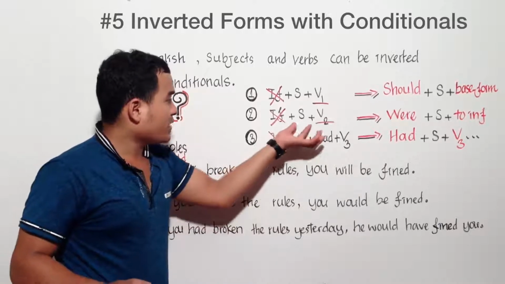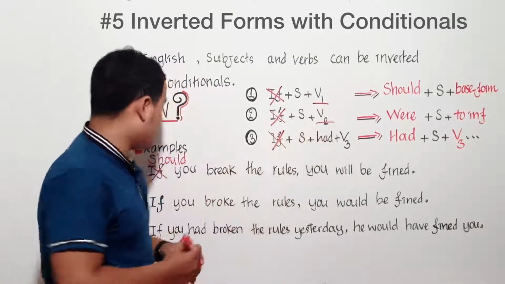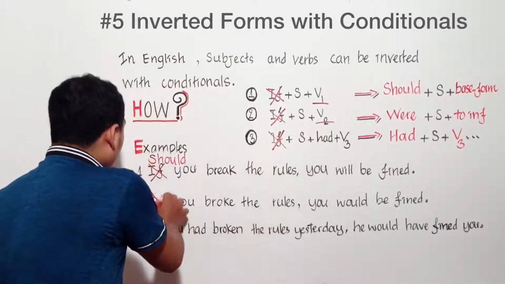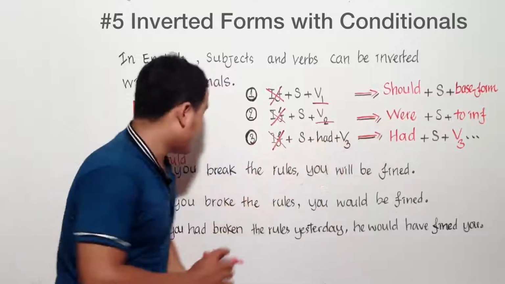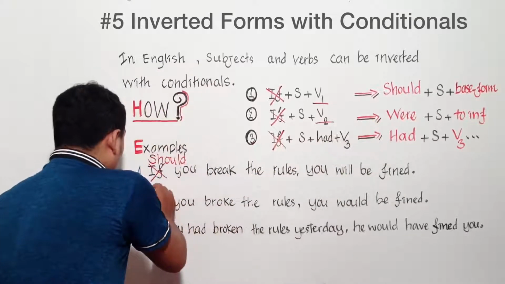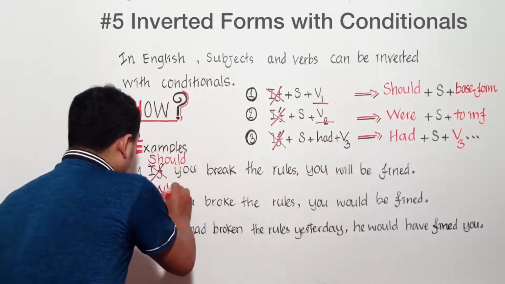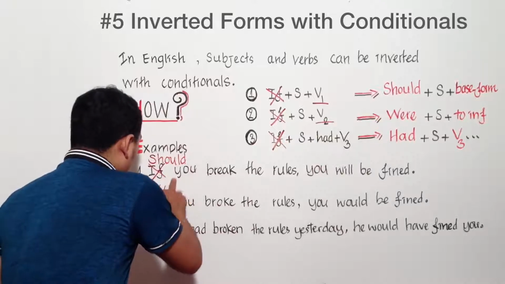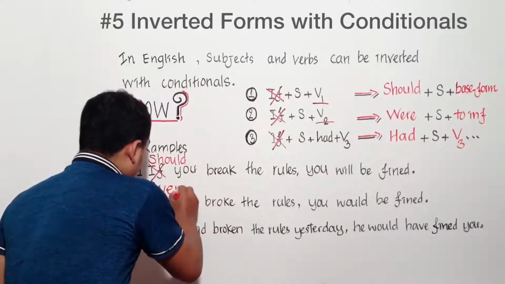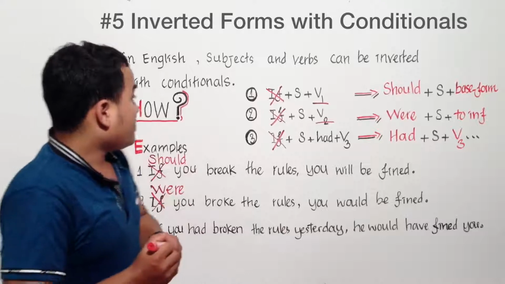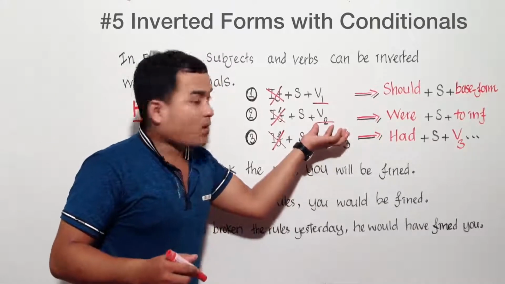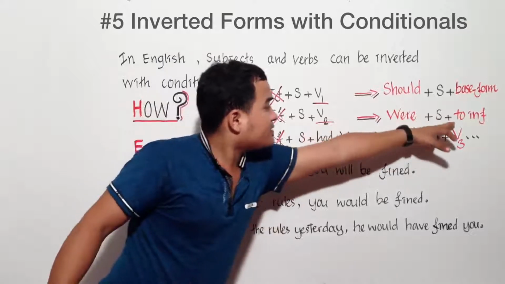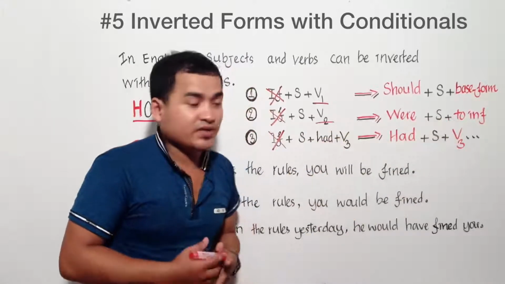In order to invert the second condition, you just simply remove if right here and then replace it with were, right? So if is no longer here because you're going to replace it with were. Okay, and please do not forget to change verb 2 or past simple verb into to infinitive.